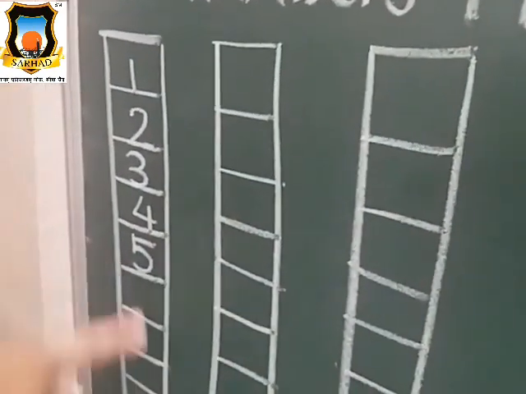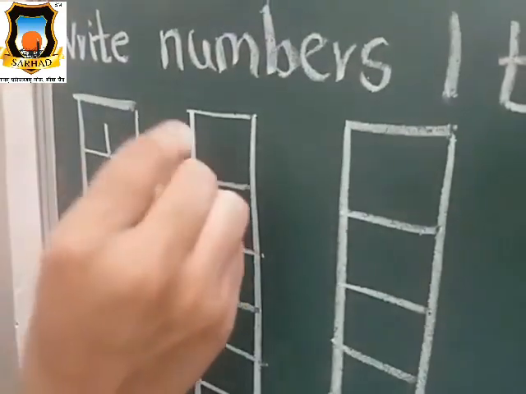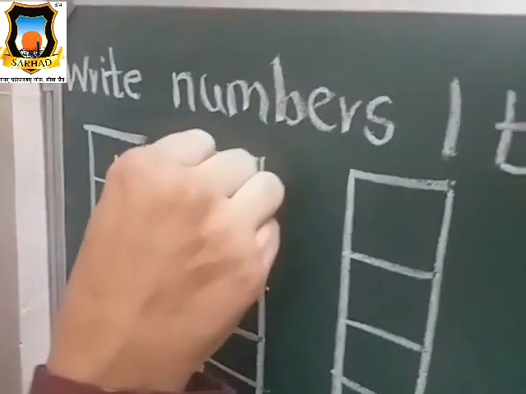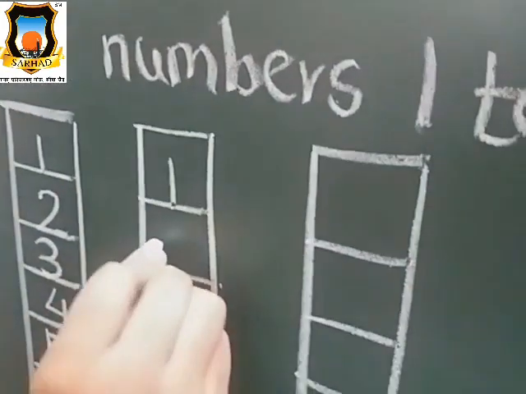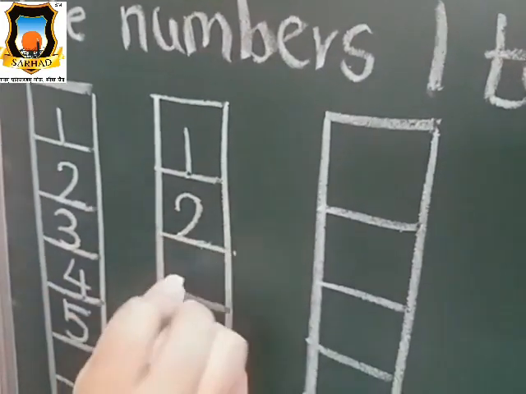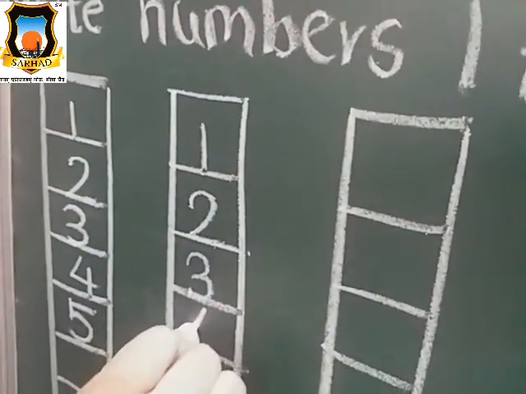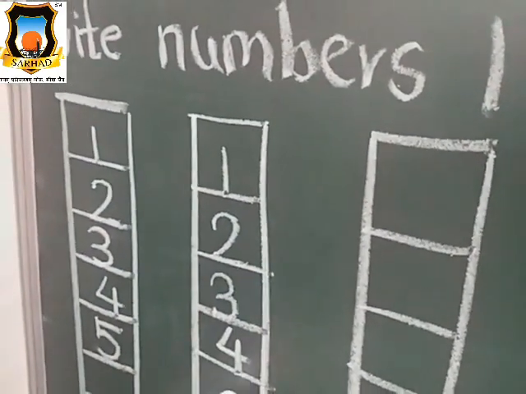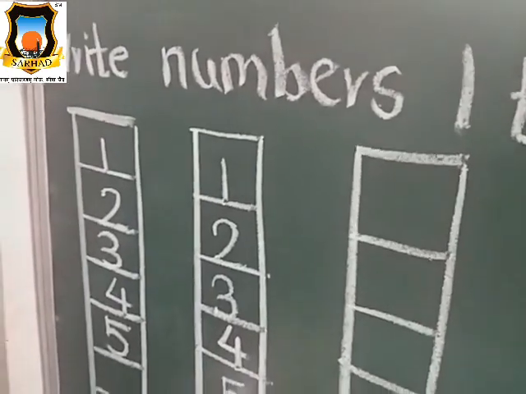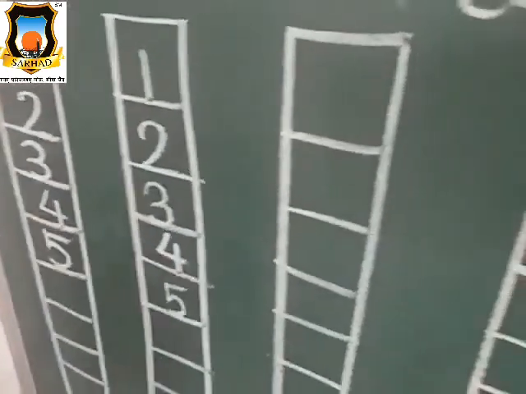So these are all 1 to 5 numbers. We have to leave all remaining squares. Again, I am going to repeat all these numbers. 1, 2, 3, 4 and 5. Very good.